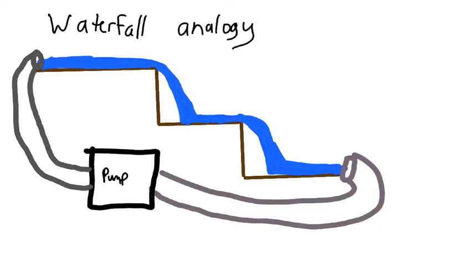Since we're dealing with charges going around a circuit in reality, we're not talking about gravitational potential energy, but electric potential energy. So the battery functions as an electric potential pump, moving these charges back to an area of higher electric potential energy.